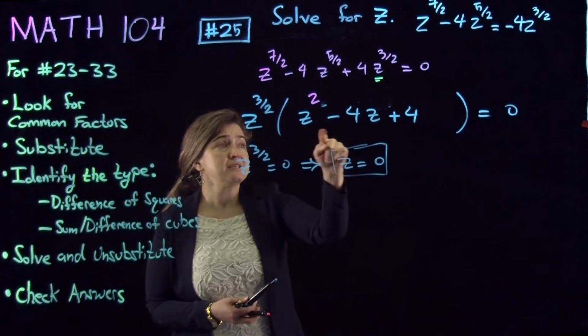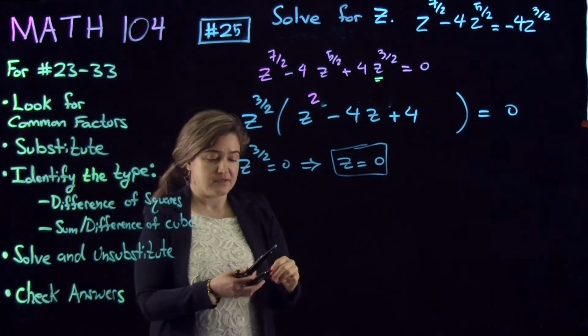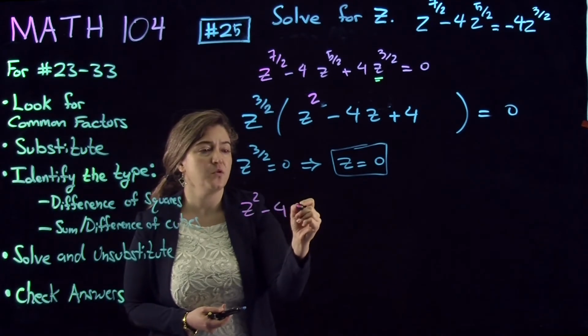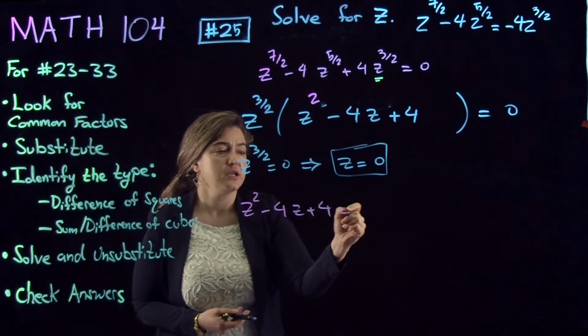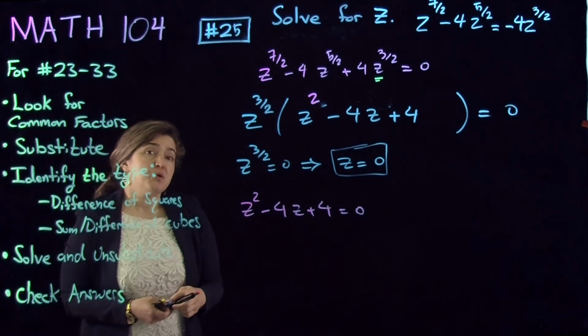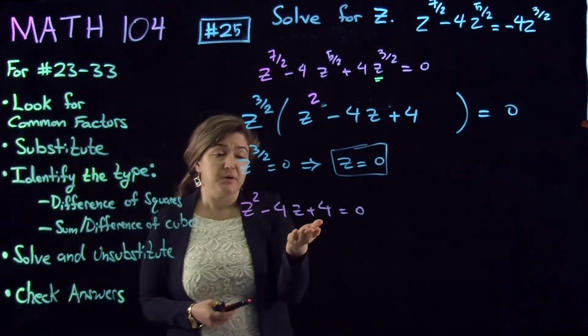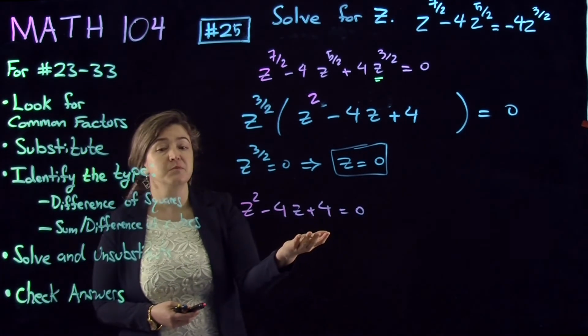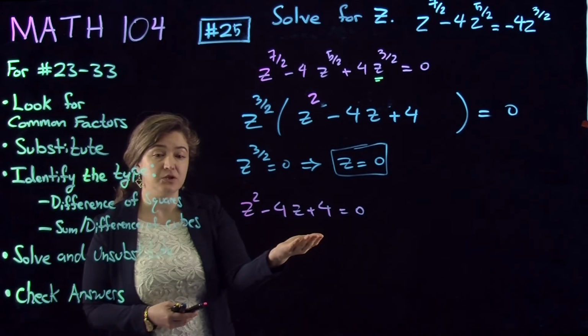Next thing to do is to set the other factor equal to 0. So now I'm setting z to power 2 minus 4z plus 4 equal to 0. I'm going to use the quadratic formula to solve this one. And many of you can actually factor this without using the quadratic formula.